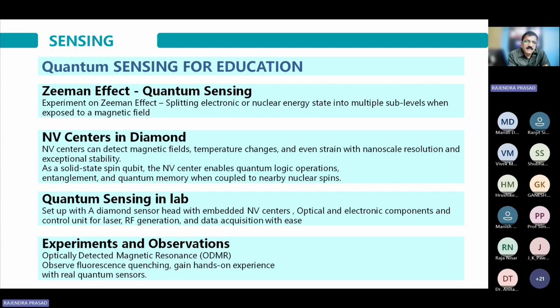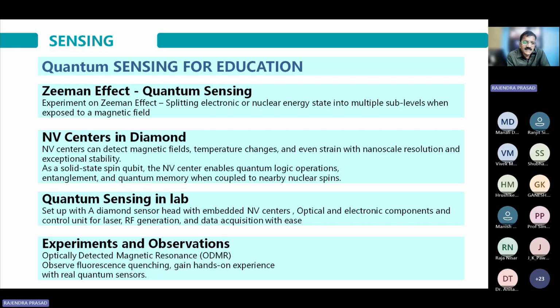And NV centers are nothing but nitrogen vacancy centers. These are all artificially doped centers, heavily doped in a diamond. In a diamond, the carbon is replaced by nitrogen, and one vacancy is also created. So if you see the lattice, each one will be connected on all four sides.